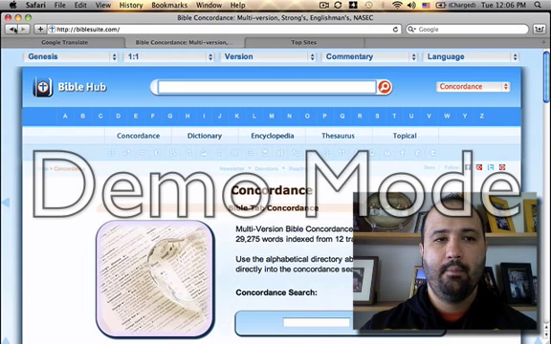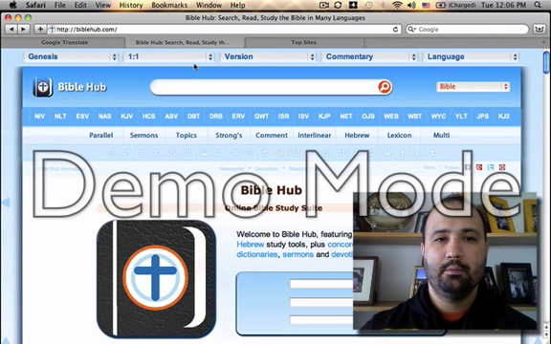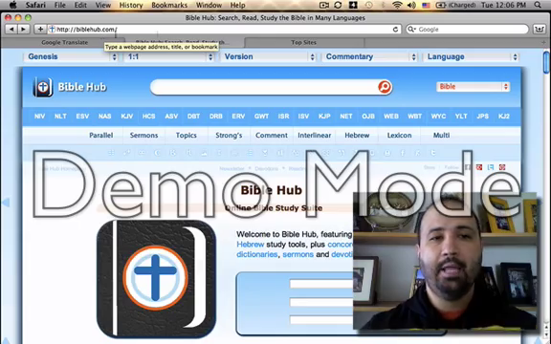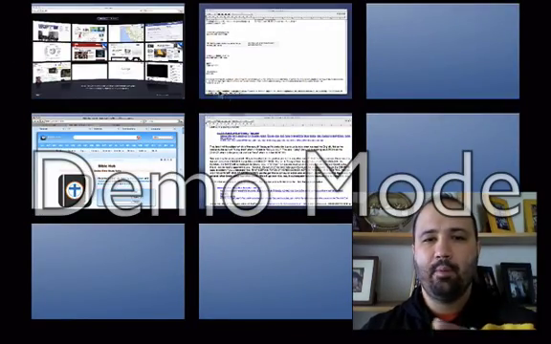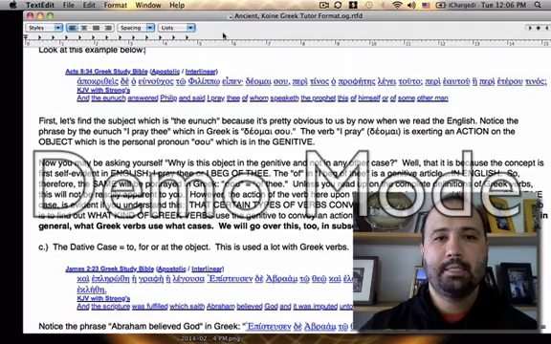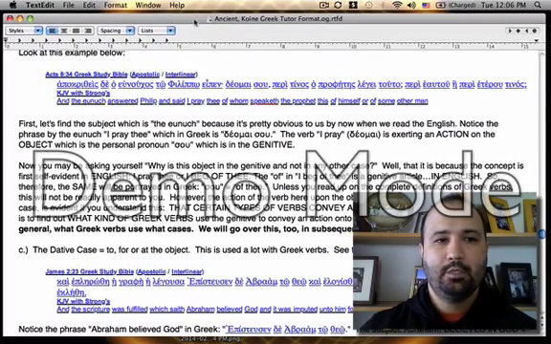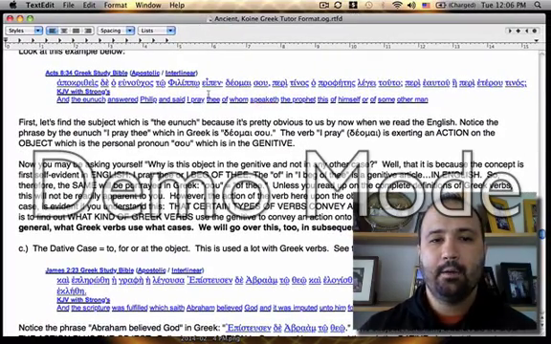It's the same exact website, but this is like its mobile phone version. Anyway, Bible Hub, actually, biblehub.com. That's our website. Remember, we've been using this and discussing this in other lessons. So, let's look at this sentence here.